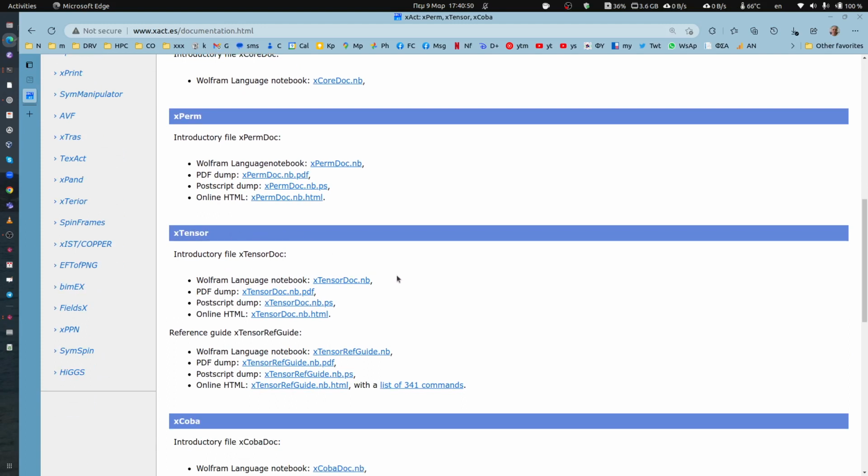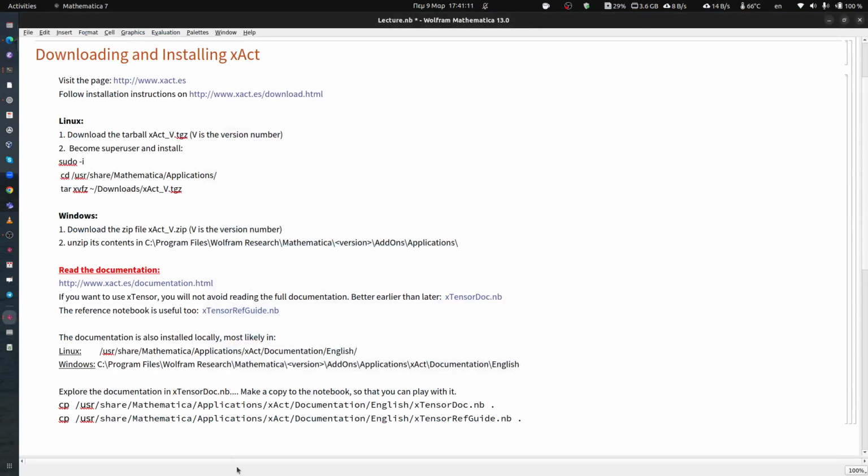There are two main notebooks that you have to download and open and read, and that will be very useful for you. And you can either download them from the web, or after making a successful installation, you can find them on your computer system at these locations here.